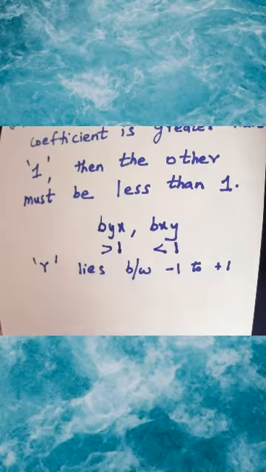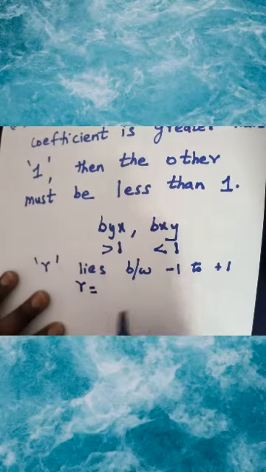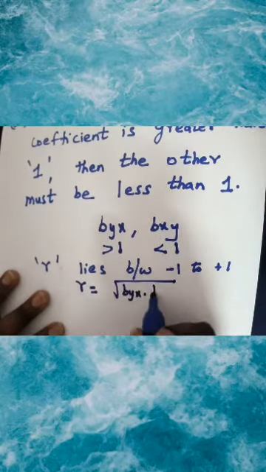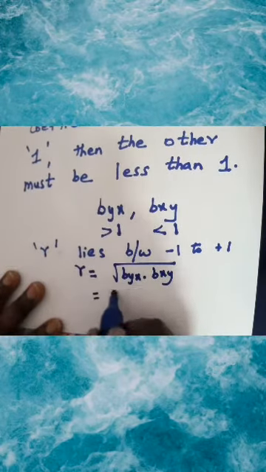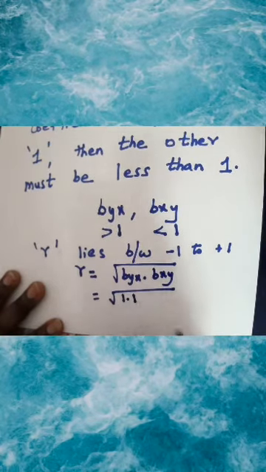Suppose I'm going to calculate the value of r using the formula square root of byx times bxy. Now we assume the value of byx we got is 1.1. It is greater than 1, right?